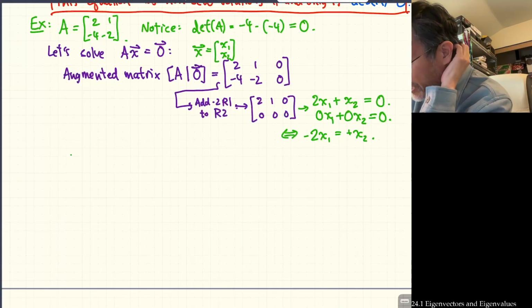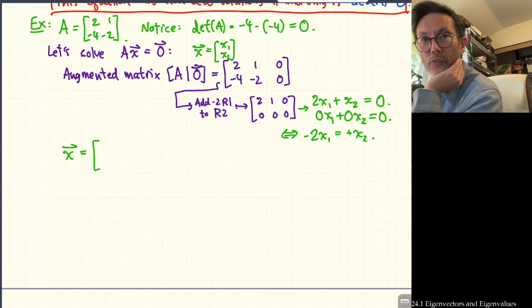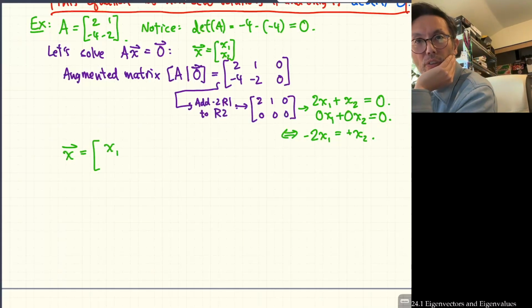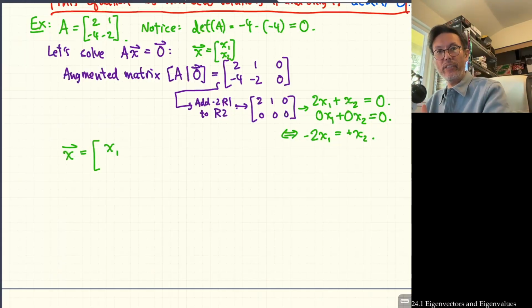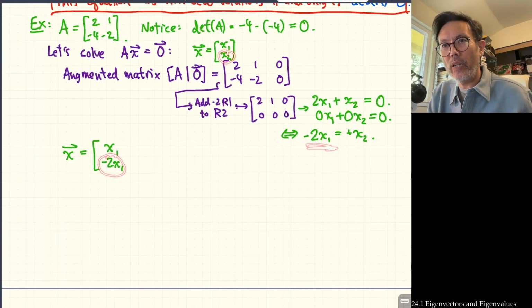So what this is telling me is that x is going to be of the form x1 for the first entry, and for the second entry, negative 2x1. In other words, because x2 is equal to negative 2x1, I can just replace the x2 here by negative 2x1.